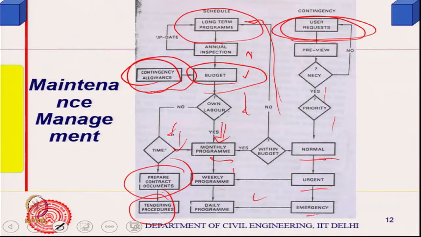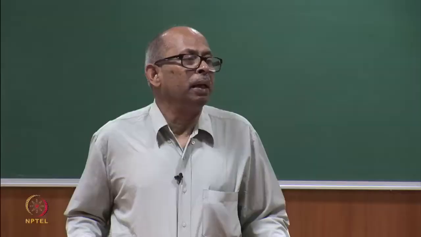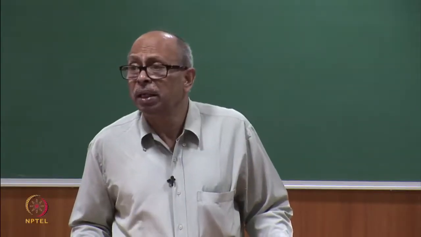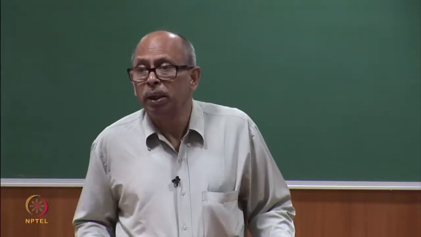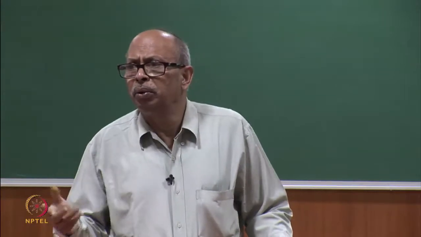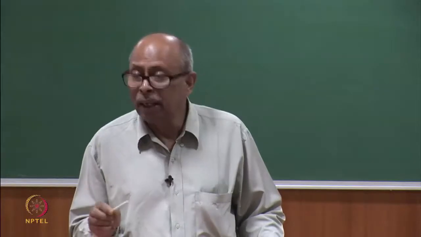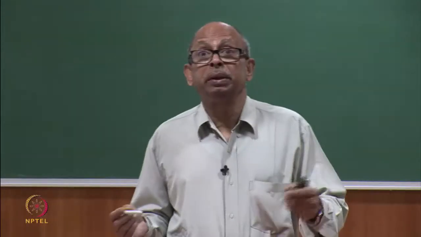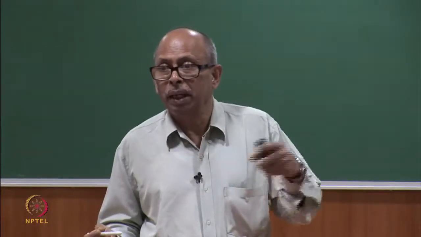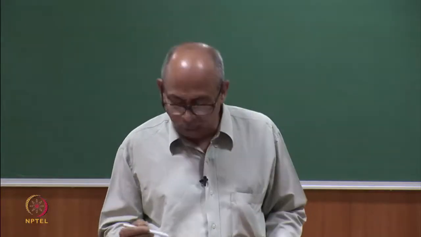For example, user might request, I need an internal painting. Now, you check, might do a quick inspection. Well, we have done it last year, you do not need this year, straight away you can find it out, then you can send it back. But if you think it is necessary, it is already near the cycle, maybe it might have gone bad.